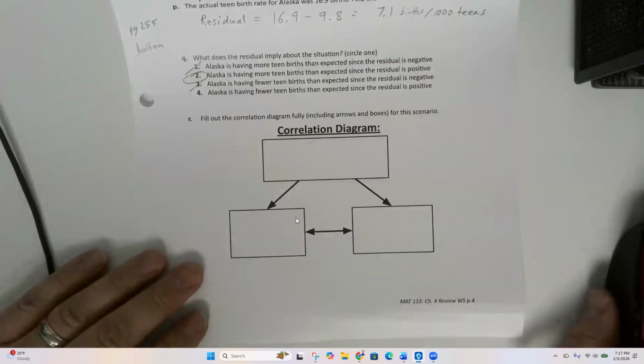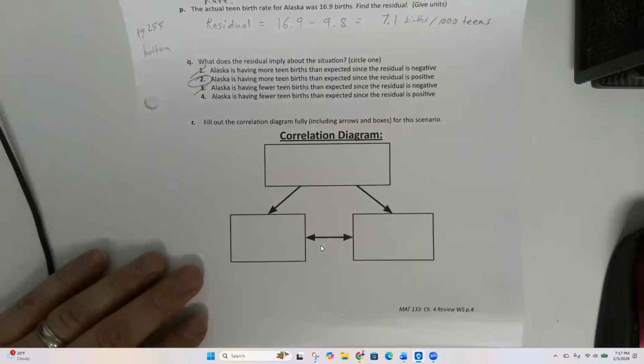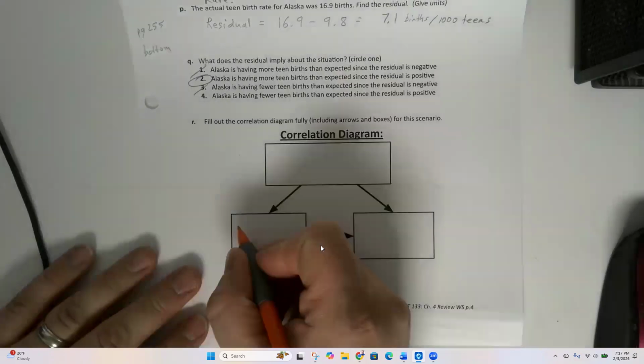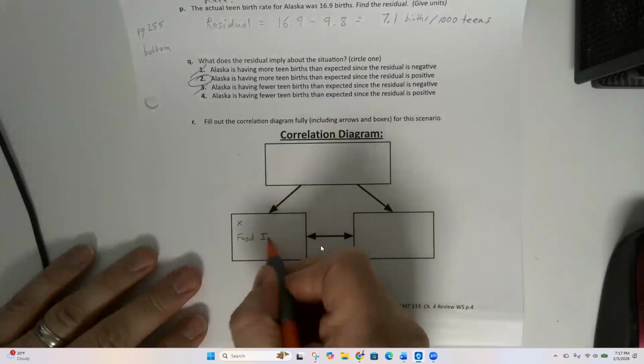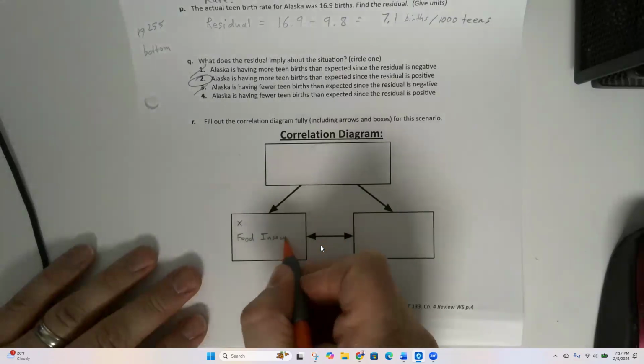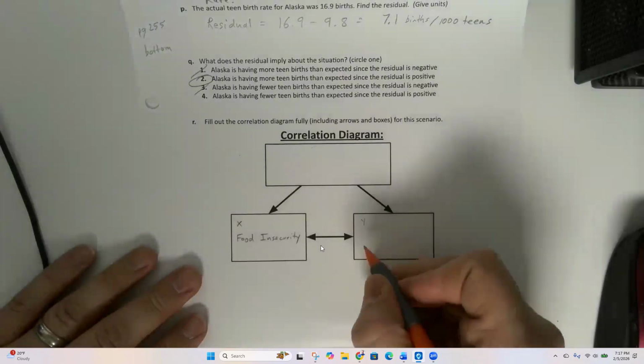So we've determined that the teen birth rate and food insecurity have some kind of relationship. They have a correlation. So we're going to write our X right here, and we're going to write our Y right here.